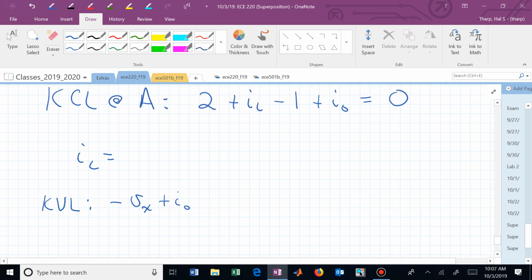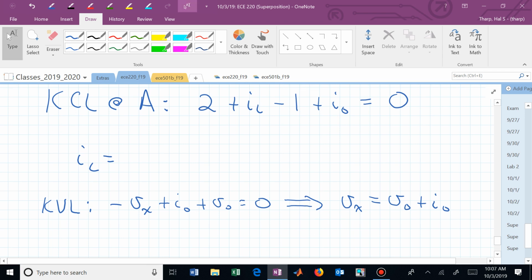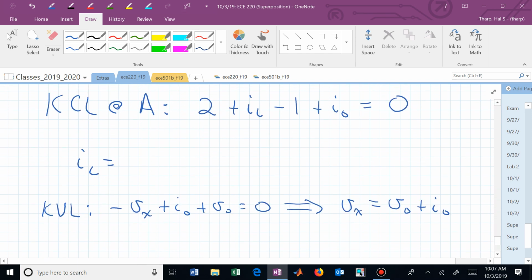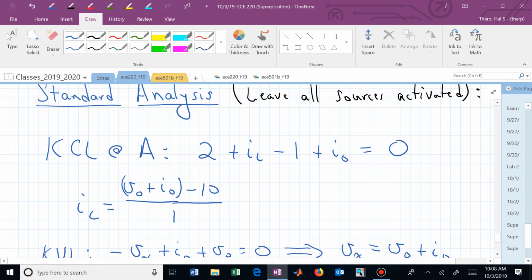So this is now plus V sub 0 is equal to 0. Or that voltage, V sub x, is in fact equal to V sub 0 plus I sub 0. That's the voltage right there. I now take that voltage to find I sub L. I have V sub 0 plus I sub 0 minus 10, over 1. That's I sub L.